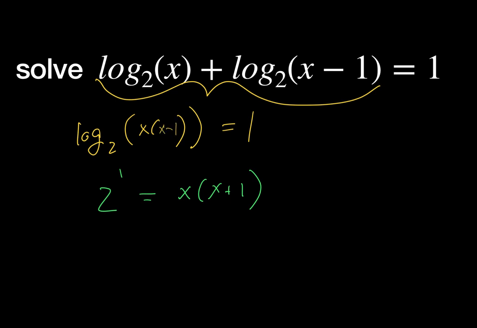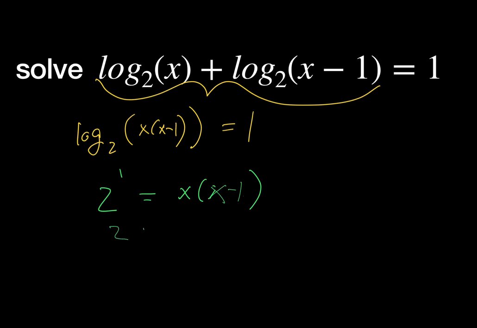X times x minus 1. So first it's using logarithmic properties to combine them. Then it's using properties of logarithms to convert it back into an exponent.